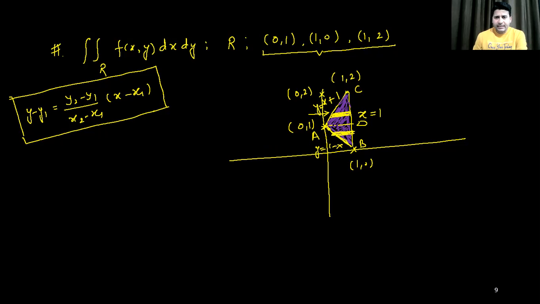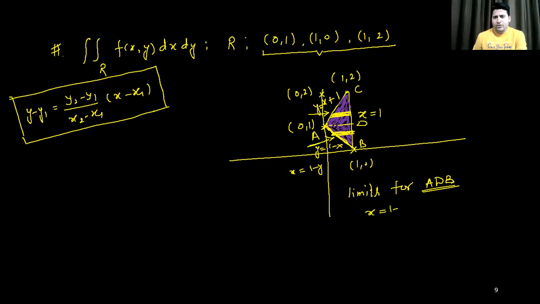Let us see. Firstly, I'm writing the limits for the region ABD. For the region ABD, the limit of x starts on the curve y equals 1 minus x, so x will be 1 minus y.